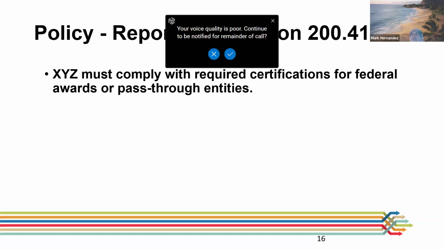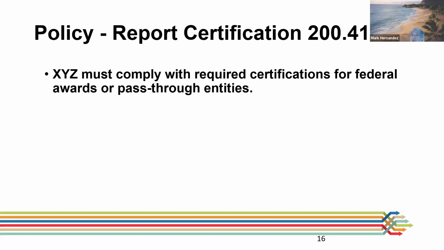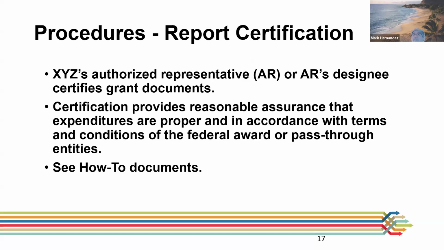And what it will say is that anything you provide, let's say in your application, you're certifying that everything is accurate and correct. So it'd be good to have a policy that you comply with those certifications for the federal or pass-through entities. That's a good broad statement.